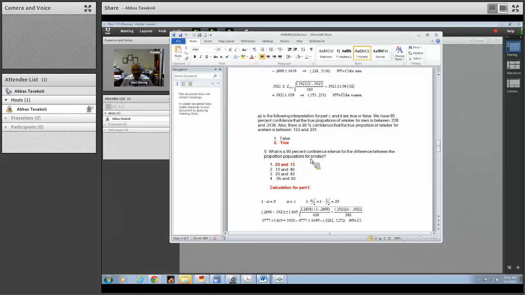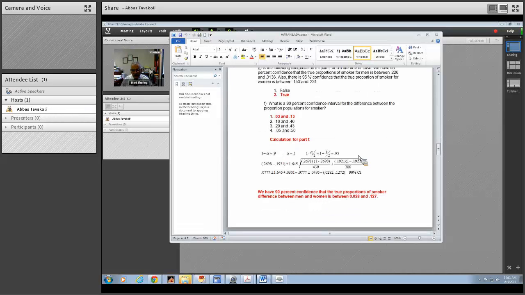What is the 90% confidence interval for the difference between the population proportions of smokers? Now we wanted to look at the confidence interval between these two groups. So basically, we have to use the difference between two groups, and here it's 90%.